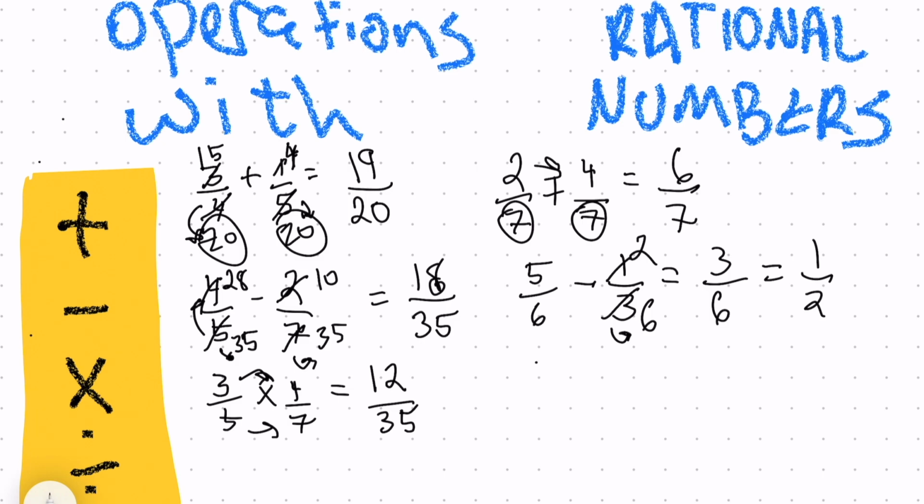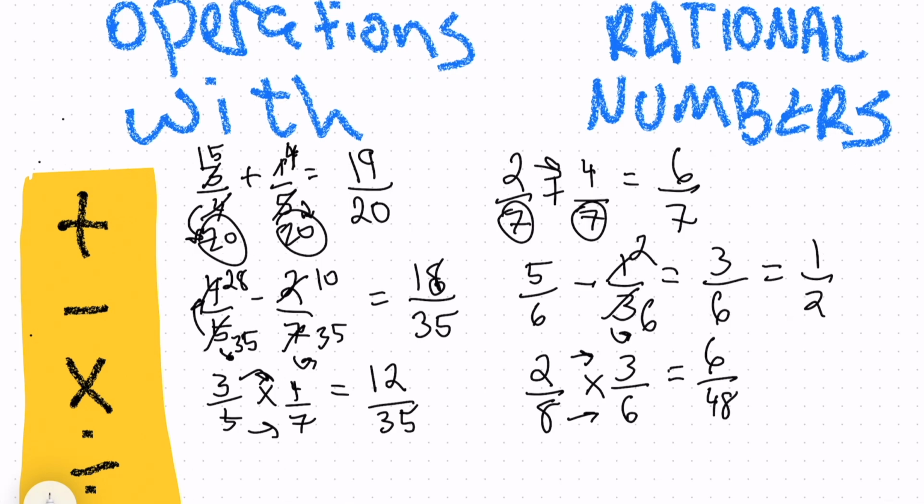All right, in this one, we have 2 over 8 multiplied by 3 over 6. Now, take a moment, pause this video, complete this problem, push play, and we'll check it together. All right, so 2 times 3 is 6, and 8 times 6 is 48.